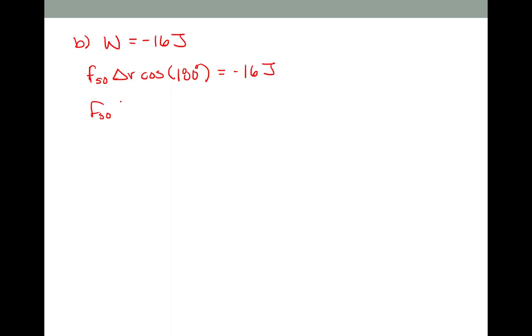And that displacement we know is 1 meter. This tells us that the force of friction is 16 joules. No, flip that. Wrong unit. It's a force now, so it's 16 newtons.